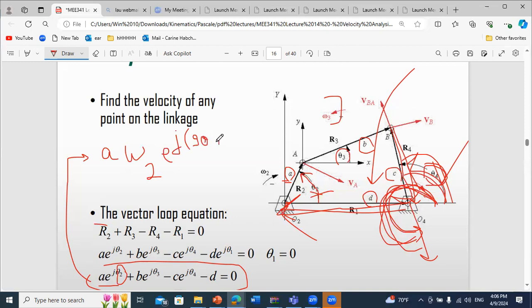This is the derivative of the first vector. Now, plus for this vector, same concept: constant magnitude B times the derivative of the link angle, here theta 3, so the derivative is omega 3, times e^(j(90 plus theta 3)).